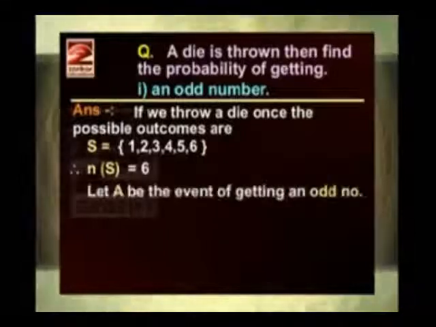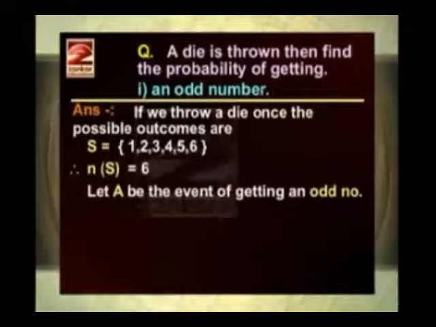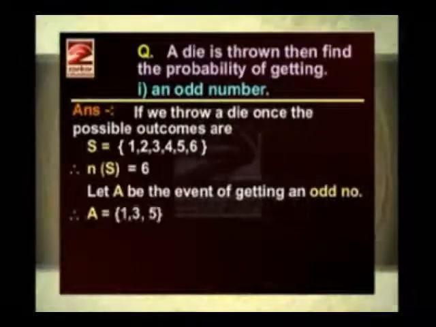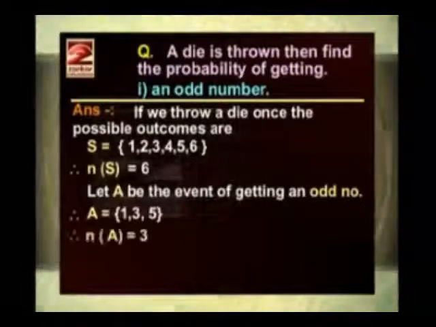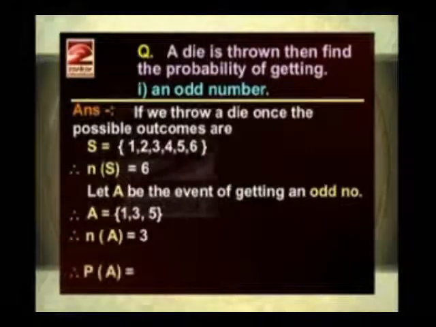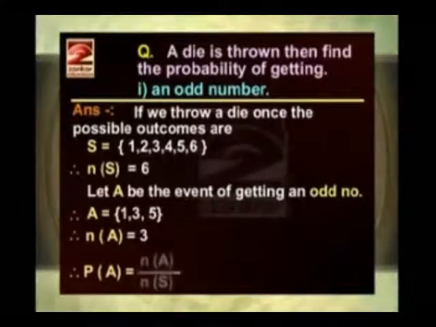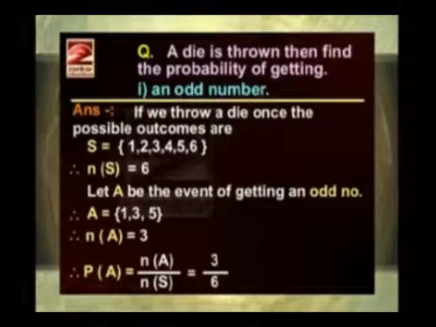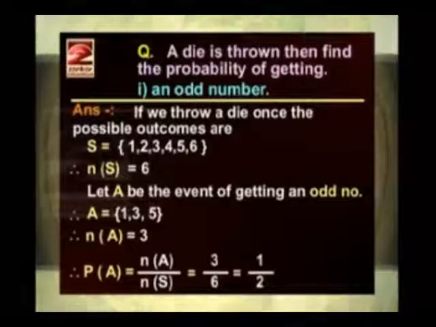Let A be the event of getting an odd number. Therefore, A is equal to {1, 3, 5}. Therefore, n(A) is equal to 3. Therefore, P(A) is equal to n(A) upon n(S) is equal to 3 upon 6 is equal to 1 upon 2.